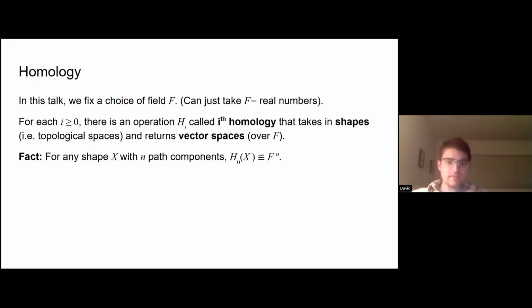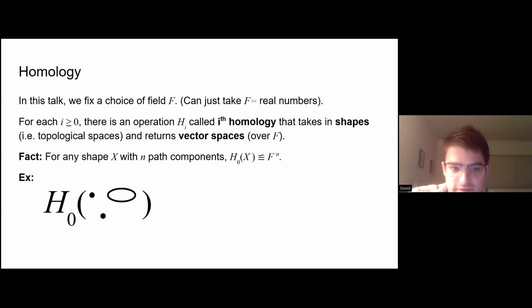And what does it do? Well, if your space has n path components, then all H_0 of X will do is give you a vector space that's n-dimensional. Like if I look at this shape here, this shape has three path components, and so H_0 of it gives me a three-dimensional vector space.